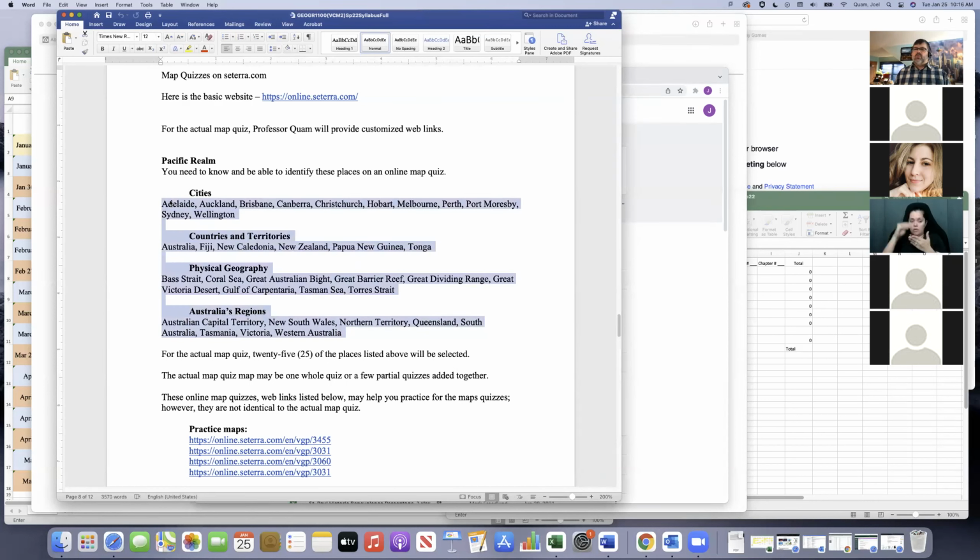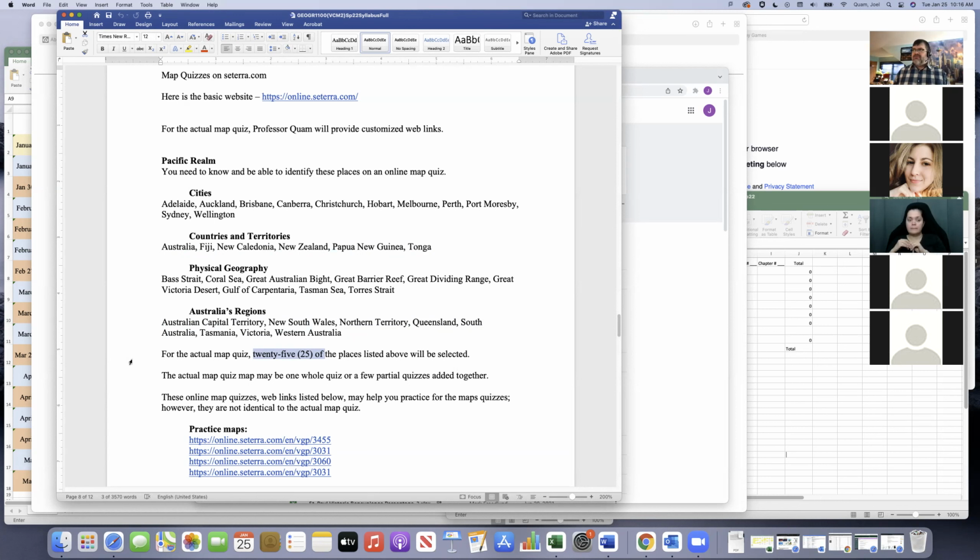You need to know where those places are so that you can identify them on the map quiz. Then I will choose 25 of those places from the list, and those will be on the map quiz.